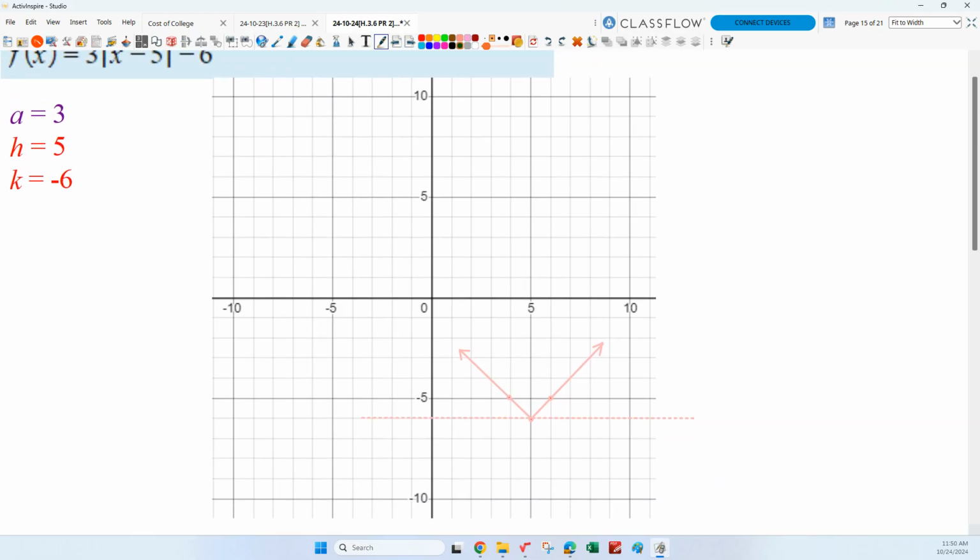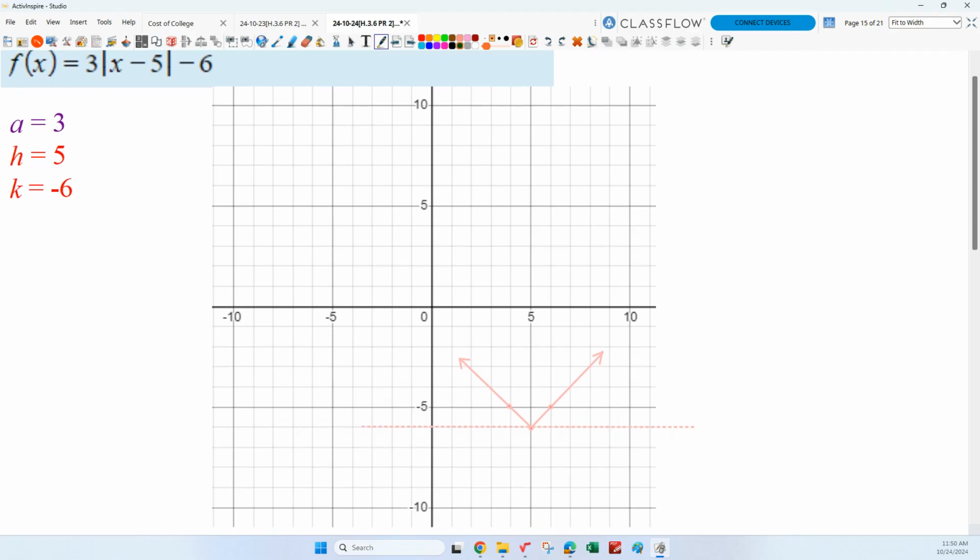So normally, if we know our parent graph has a vertex, we already said it has a vertex at 5, negative 6. Normally I would go over 1 and up 1, right? Everybody agree? Okay. To find the dilated height, I'm just going to multiply my normal parent height by 3. Okay?